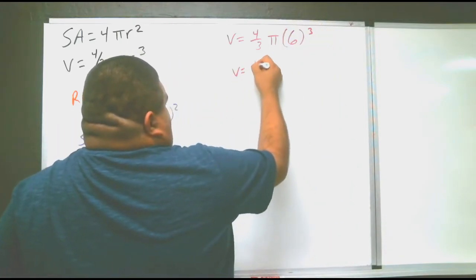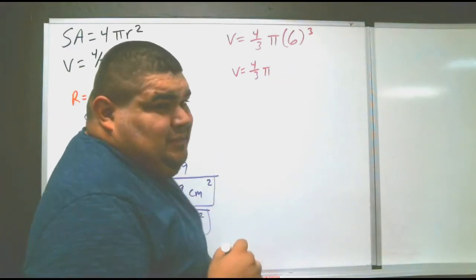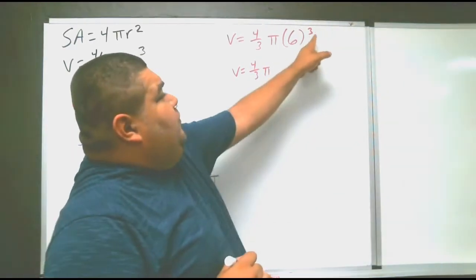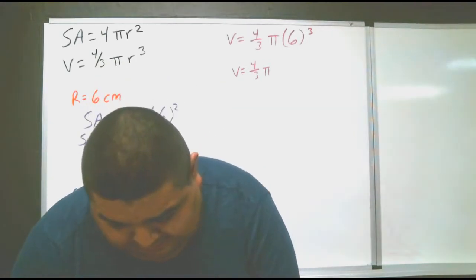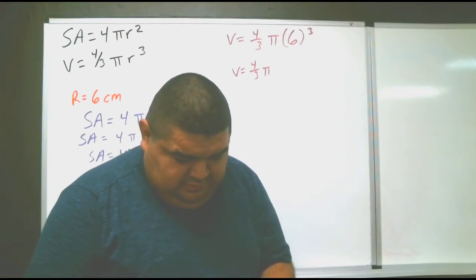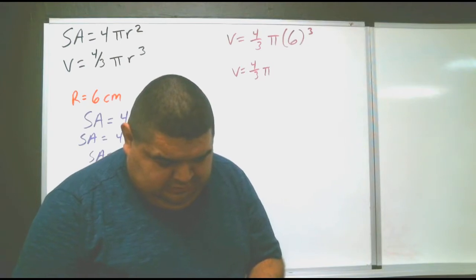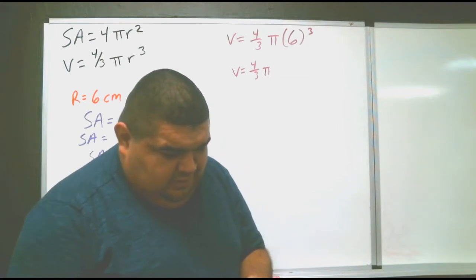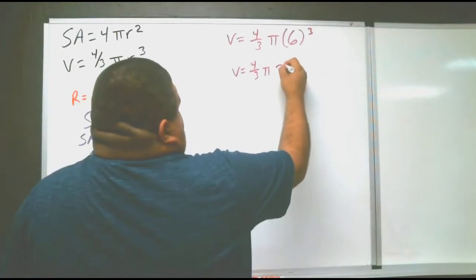So V equals 4 over 3 pi, 6 times 6 times 6. That's what 6 to the third power is saying. 6 times 6 is 36, times 6, 216. So 216.